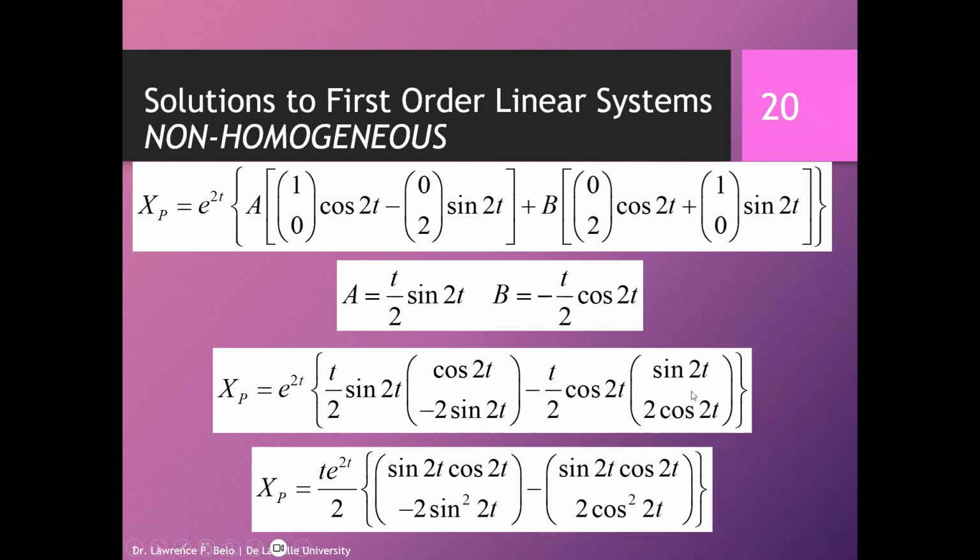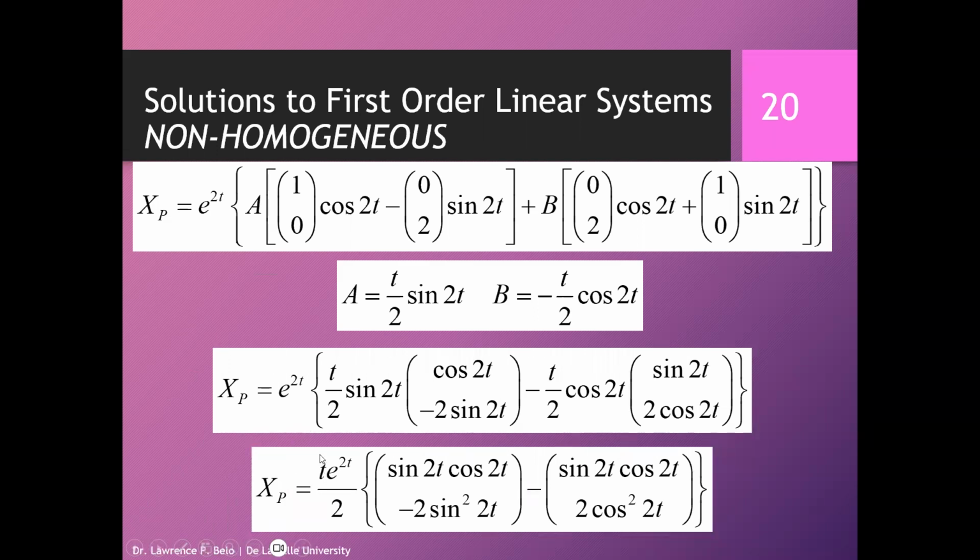Ayun lang. Look at that. And then multiply by the A and B. So you multiply to both top and bottom, you'll end up having this as the answer. Okay? Pero you'll notice that both of them, guys, have t over 2. So ginawa ko na lang, I moved out the t over 2 to partner with this.